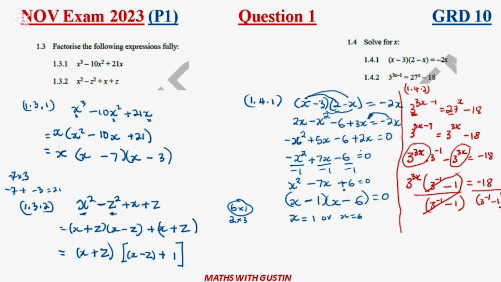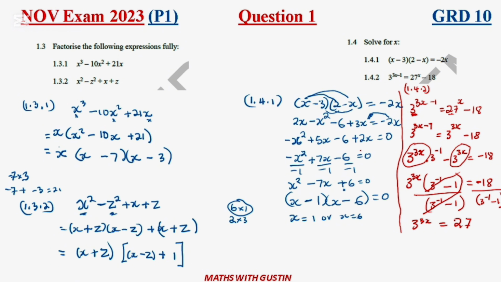So negative 18, don't forget negative 18, all over, in brackets, 3 to the power of negative 1 minus 1, into your calculator. When you punch it, it's going to give us 27 as our answer, which is also a positive 27 on the other side.